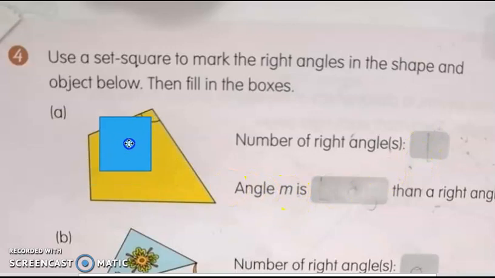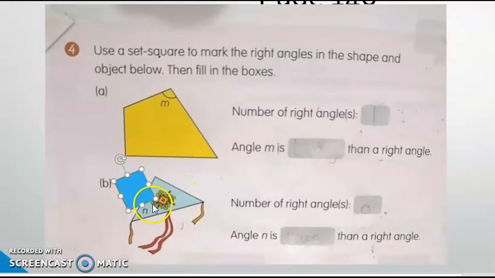I have to measure the angle M, rotate it, take one side of the line straight to that side. See, one side must be exactly on that one. It is greater than a right angle. So angle M is greater than a right angle. Now here the number of right angles is 0.